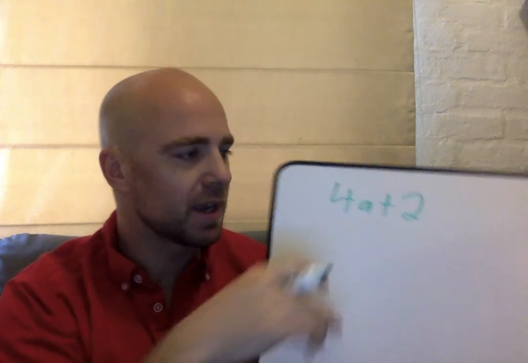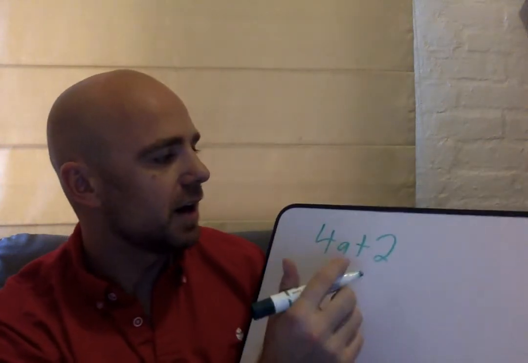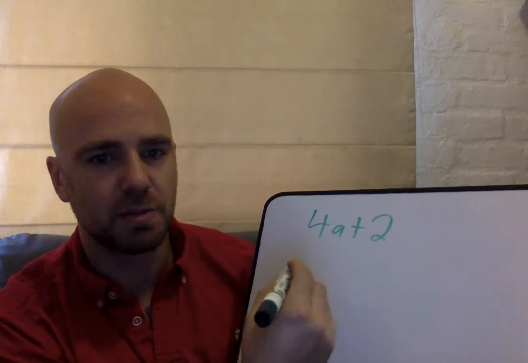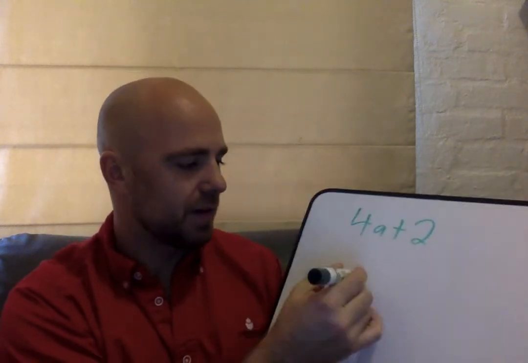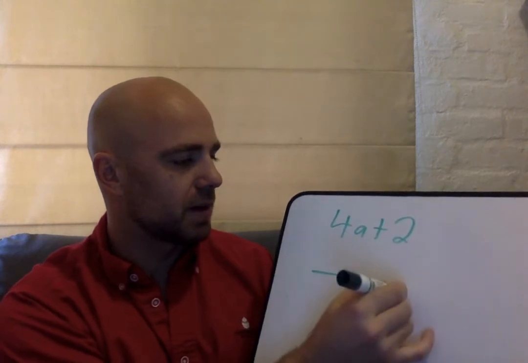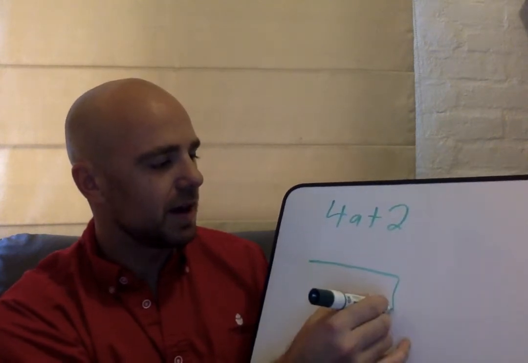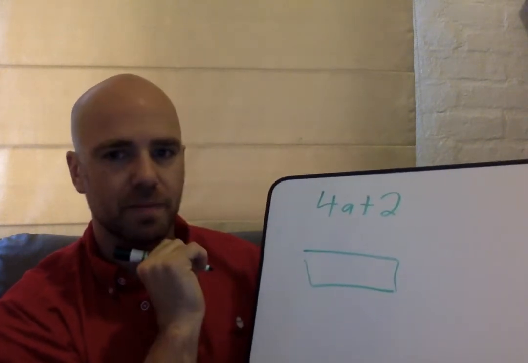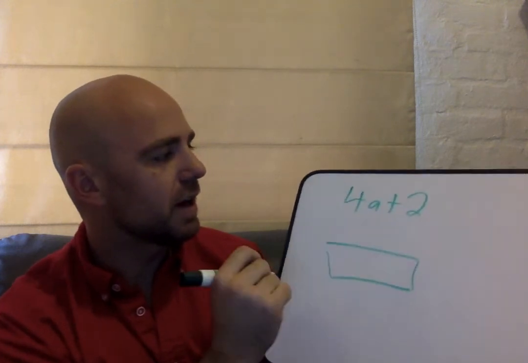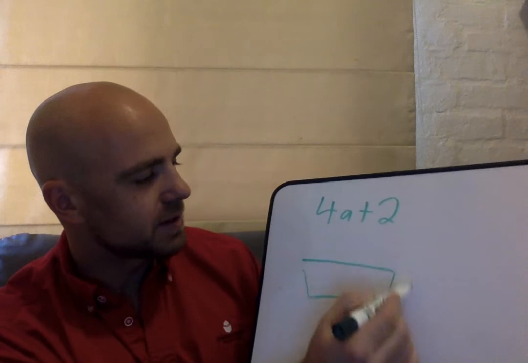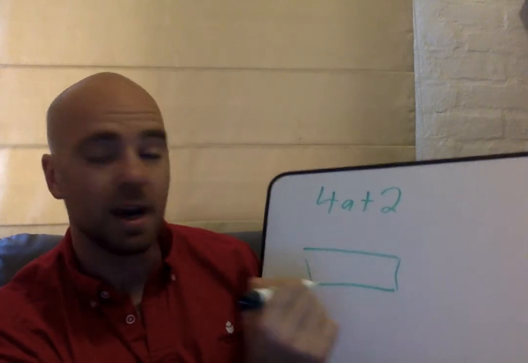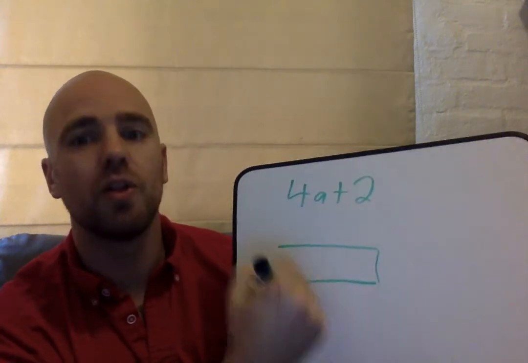I can break this down into smaller terms. Like I was saying last time, when I'm talking about a perimeter, I'm going to have this as one and this as another. So if I've got 4a plus 2, this is going to be half the length, and this is going to be the other half of the length, all the way around the perimeter.